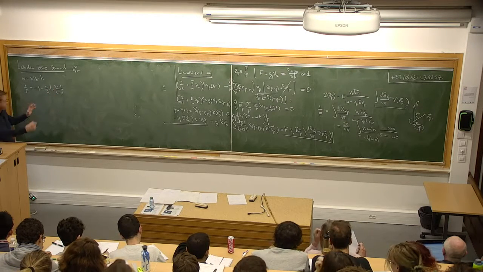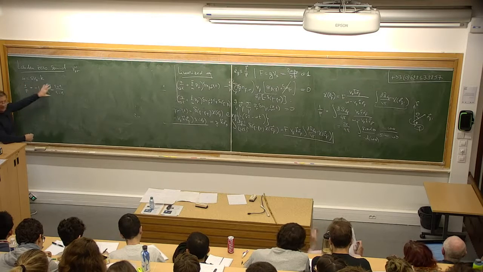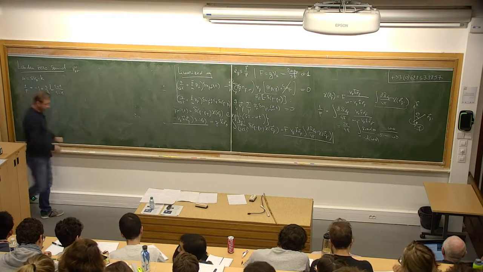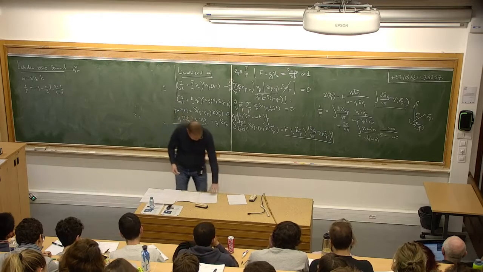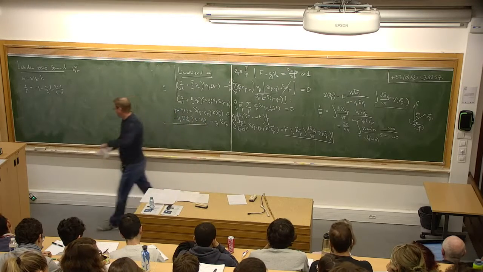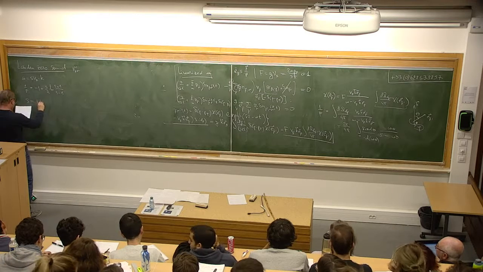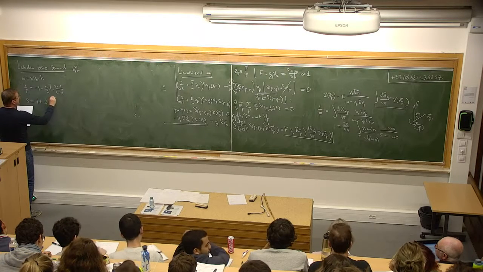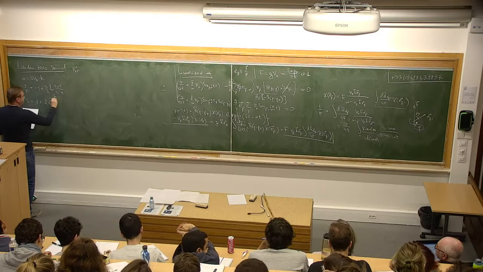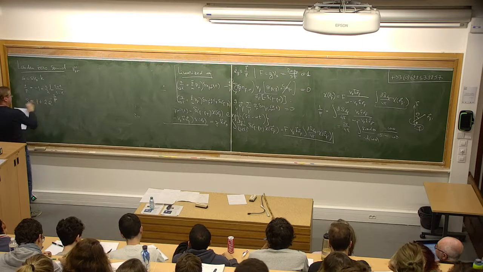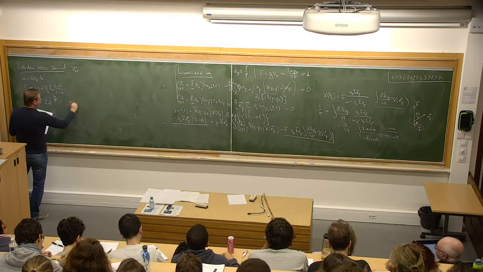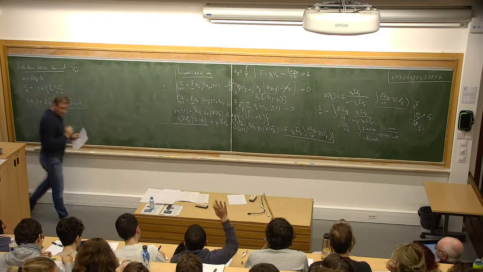So I can balance the large left-hand side with a large right-hand side. So making a long story short, the answer is S equals 1 plus 2 e to the minus 2 over f, approximate. This is, of course, true for f much smaller than 1. Yes?